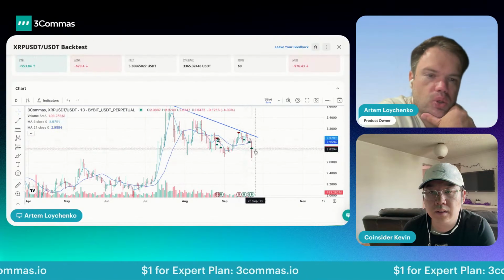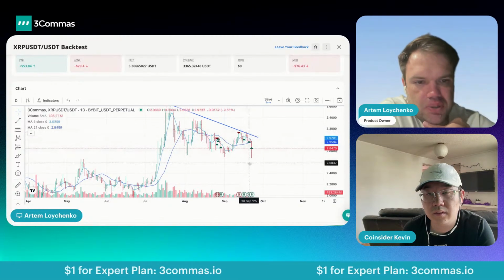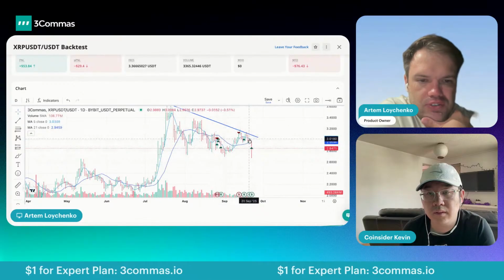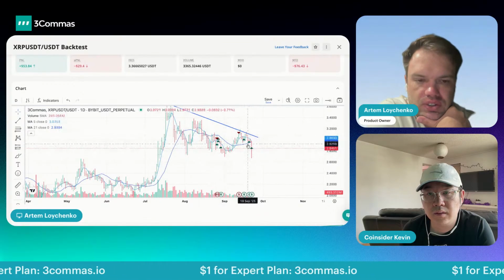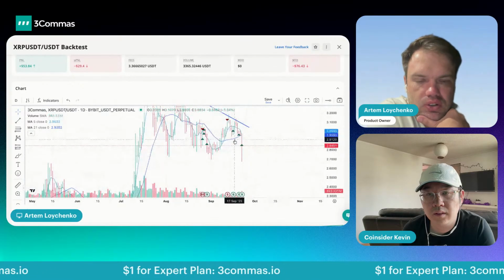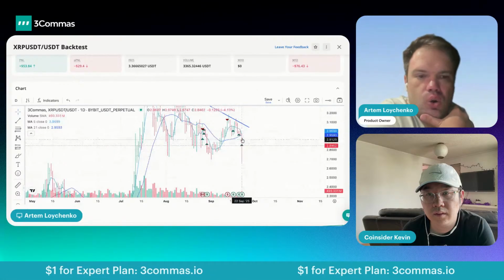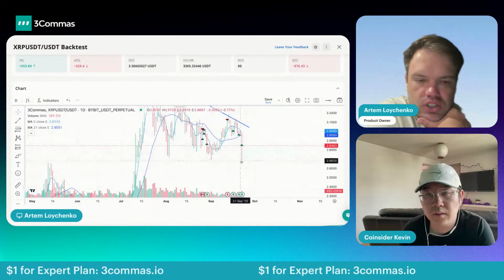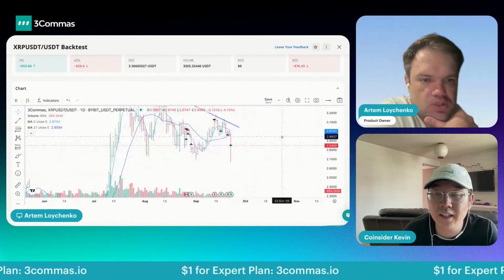So just looking at this part and then at this part, would you love your entry point to be lower, or are you fine with how it actually averaged down? And in this particular situation, would you love to be stopped out earlier, or continue averaging down all the way here? What's your position on this type of strategies?